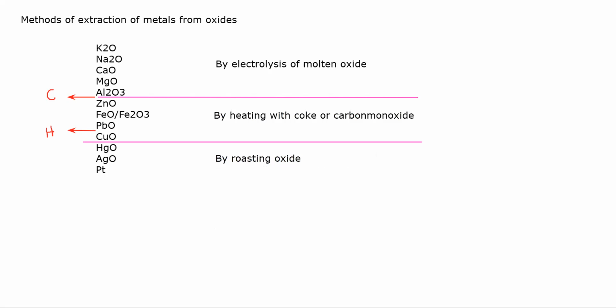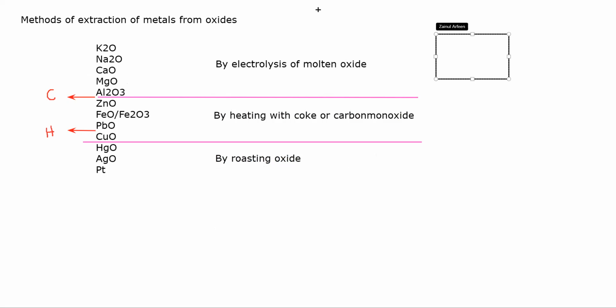So for example, if you have aluminium oxide and you want to separate aluminium from it, you will do electrolysis of the molten oxide. How we carry out this electrolysis in detail we'll discuss, but this is just an introduction.